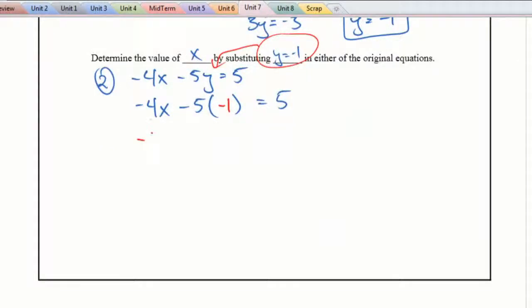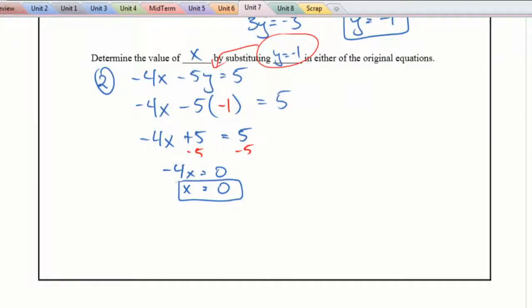So I have negative 4x. Negative 5 times 1 is positive 5 equals 5. I'm going to subtract 5 from both sides. Gives me negative 4x is equal to 0. And x is 0 divided by negative 4, or just 0.